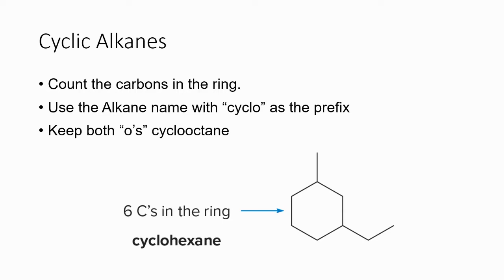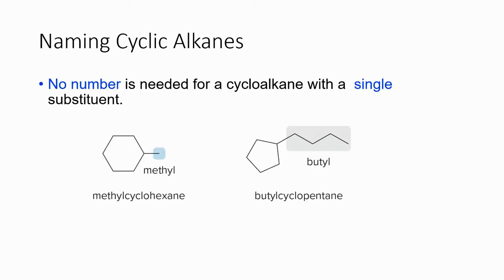Okay, then when we are numbering, if it only has one substituent, then we don't need to number it because it's going to be at number 1. We don't even care that it's number 1 because there's nothing else that's going to be at our first position. So this one would be methyl, and then we have a cyclohexane. We have 6 carbons.